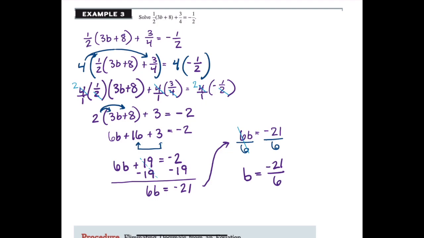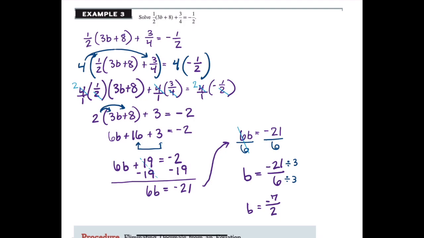So it looks like it's solved, but I always want to try to reduce my fraction. Is there something I can divide both the numerator and the denominator by? In this case, I can divide 21 by 3. I can also divide 6 by 3. So I will get that b equals, it'll still be negative, 21 divided by 3 is 7, 6 divided by 3 is 2.